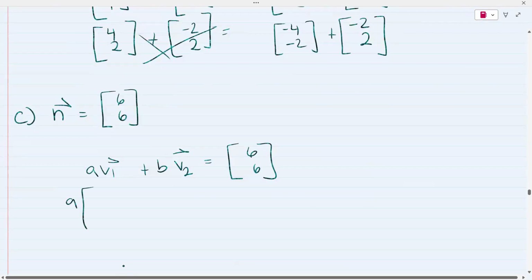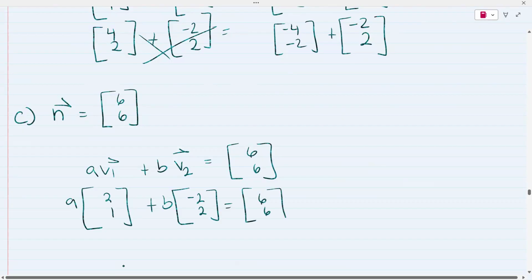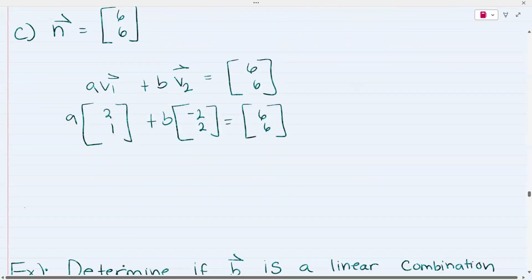So a and our v1 is still the same, 2 comma 1, plus b. My v2 is -2 comma 2, and then it's going to equal vector 6 comma 6. Okay. So can we solve it?